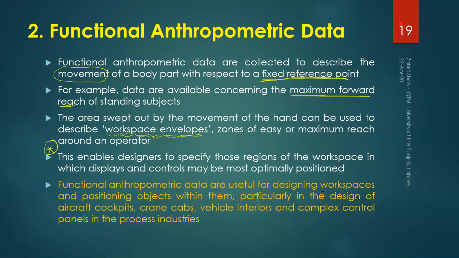They are useful for designing workspaces and positioning objects within them, particularly in the design of aircraft cockpits, the interior of the aircraft where, for example, the pilot sits, crane cabs where the driver of the crane sits, vehicle interiors, and complex control panels in the process industries. So these are very important applications of functional anthropometric data.